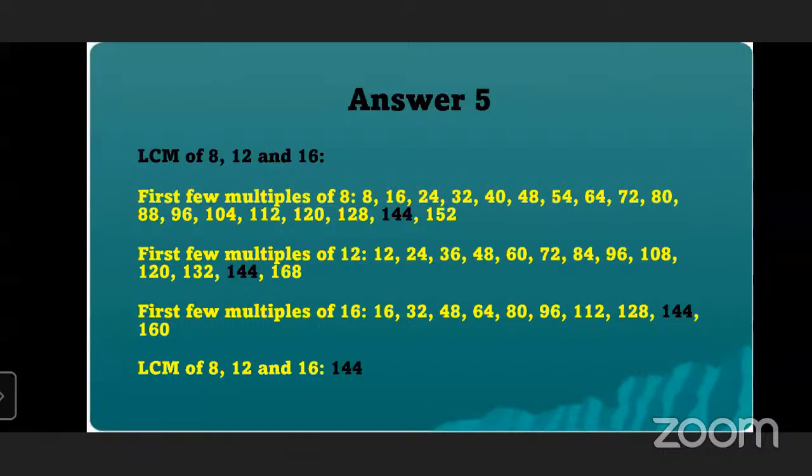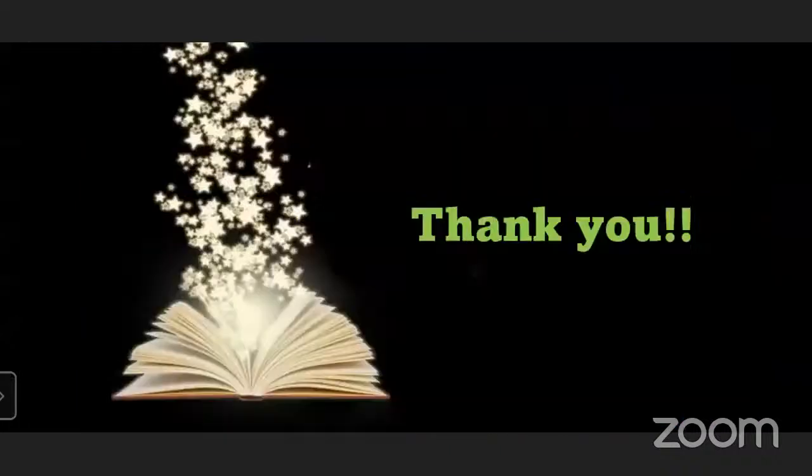First, we will clear the concept of LCM and HCF, then the different methods to find the LCM and HCF. So this was the first method that gives you the basic technique of how to find the LCM.